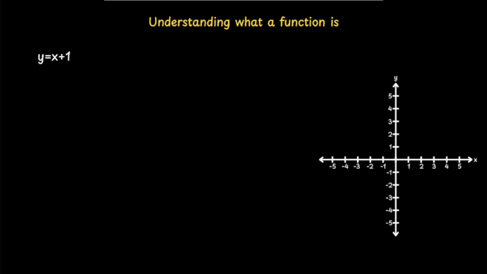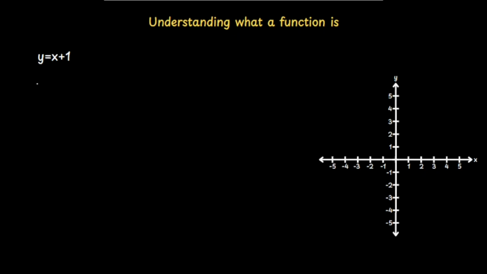To put this into practice, I think we need to attempt this one together. Simply put, y is our answer and x plus 1 is what we're solving for. So if I substitute any value on this x-axis, I will get a corresponding answer, correct? So let's go ahead and do it for number 2.